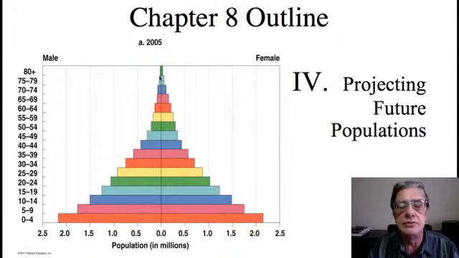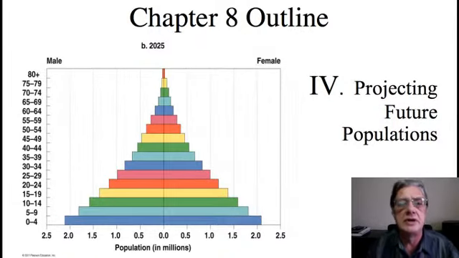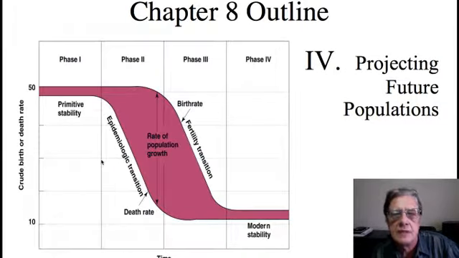So as opposed to developed nations where there are fewer children and more older generations, in developing countries there are more children and fewer elderly. And this situation is unlikely to change in the future. As we see here, the only difference is the numbers of people in each category.